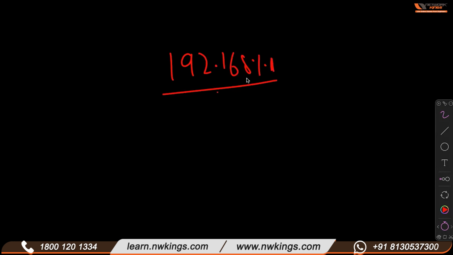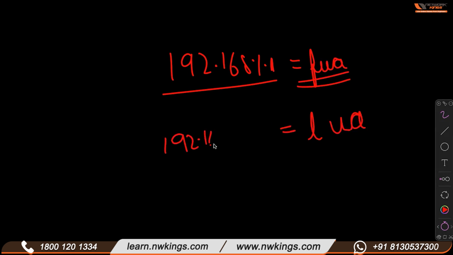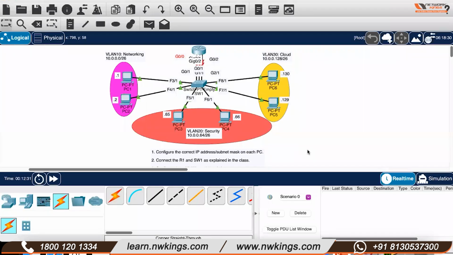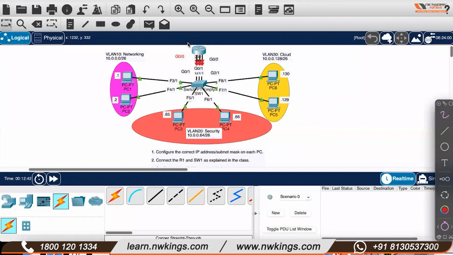Either you can use the first usable address or the last usable address, which is 192.168.1.254. Why? Because if you use the first or last usable address, it becomes easier to figure out. If you use something in between, it will be more difficult for you to remember in the long run. Here I already gave the first usable address to this host, so I'm going to give the last usable address to this interface.